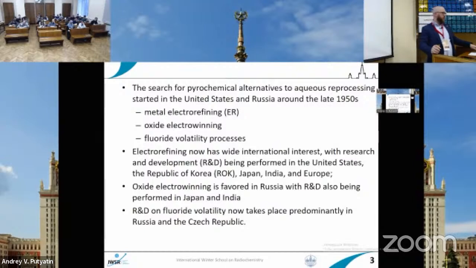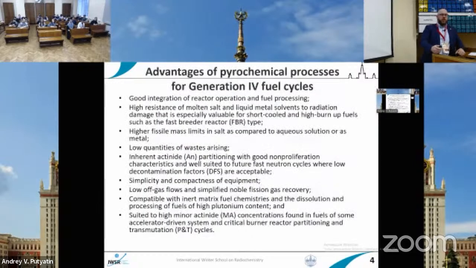There is a use of electrolysis in melts. So the idea was to use the same methods for the reprocessing of spent nuclear fuel. It started mainly in the United States first, in Argonne National Lab, and later was developed in the Soviet Union, in Korea, in Czech Republic, in Japan, in India, and now in China.